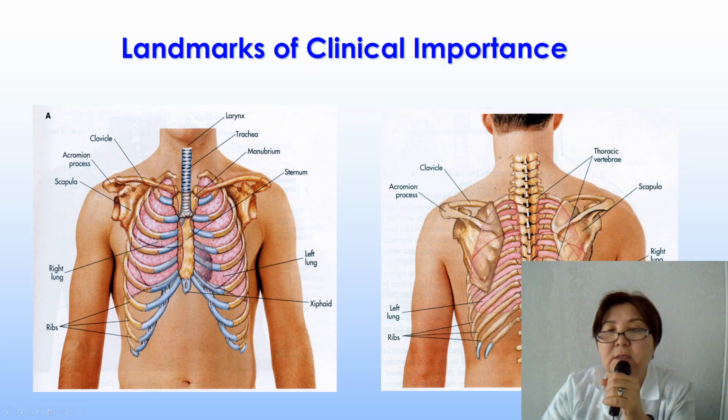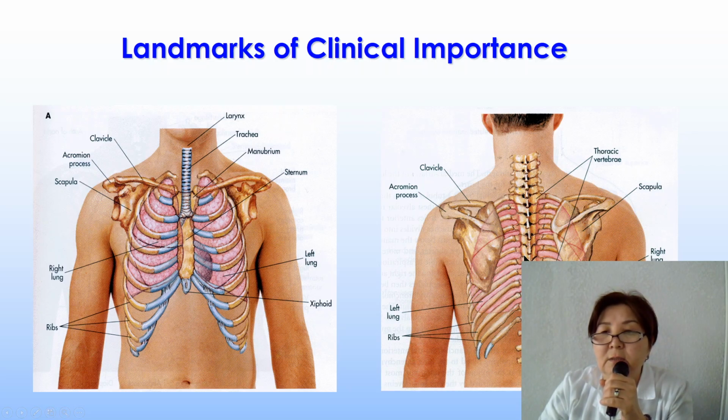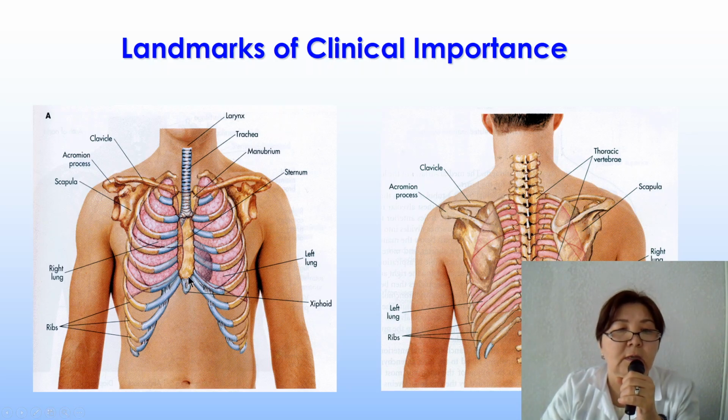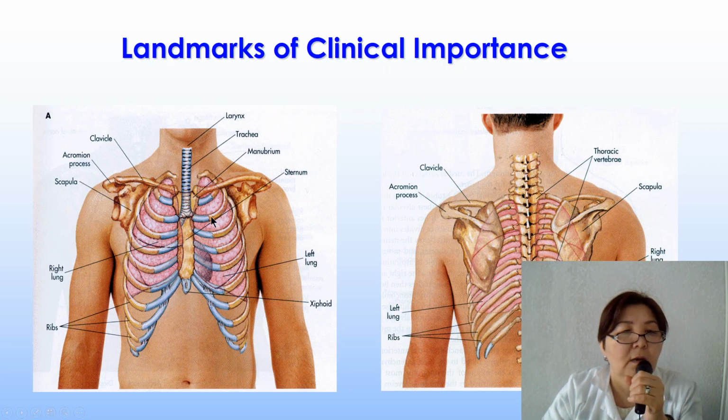At posterior side, thoracic vertebrae, scapula, and acromion process. Then organs: lungs, bronchi, trachea, larynx.